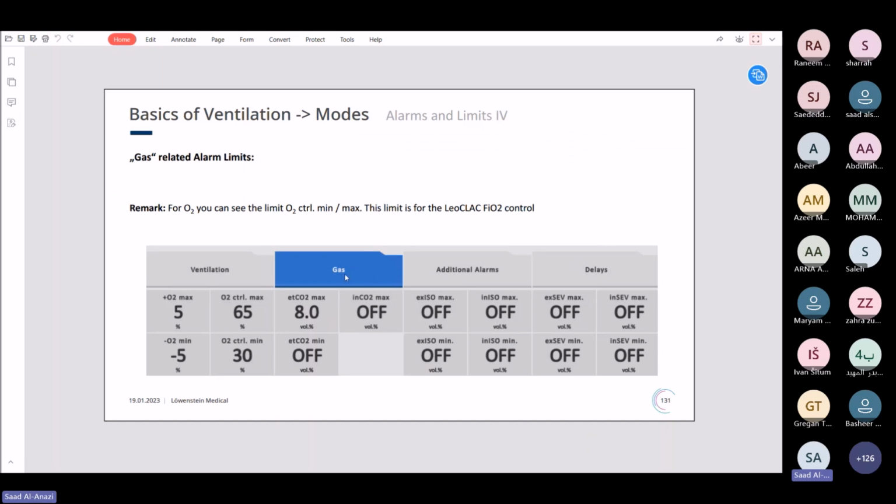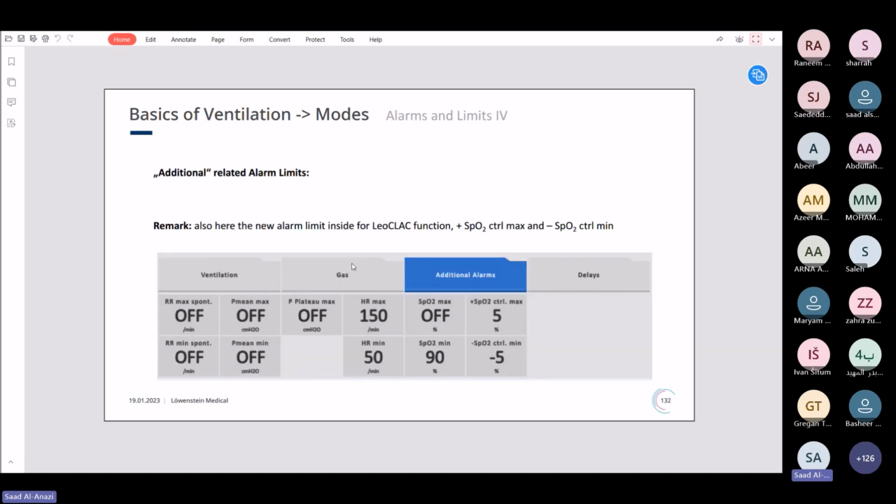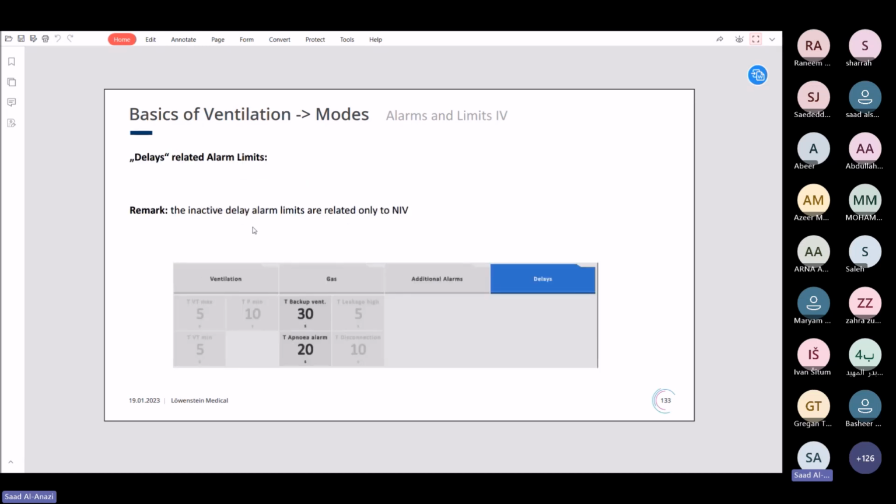Here in the gas alarm, you can select the oxygen alarm up and down, end-tidal, also the clock system for oxygen alarm, and end-tidal CO2 alarm. Also, we have additional alarm. We have also delays alarm.